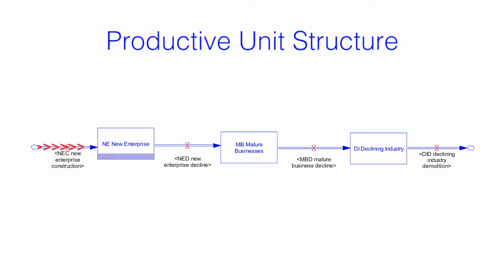There's an initial phase of high growth where employment within the organization is very high. And then as it matures, usually a period of 8 to 10 years, they move into the mature business phase, which has slightly fewer employees, but still fairly active and has a long period of time. Most productive units will stay in that stage probably for 10 to 25 years.